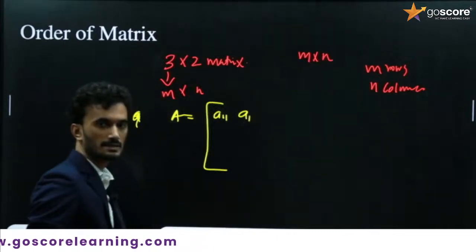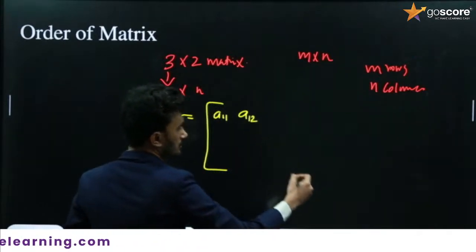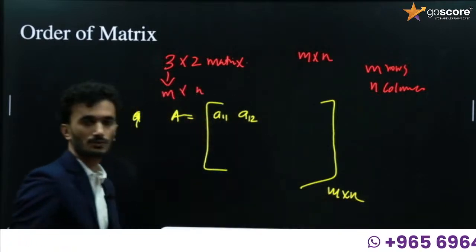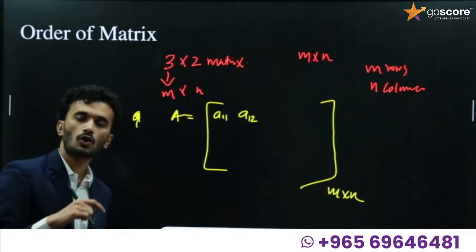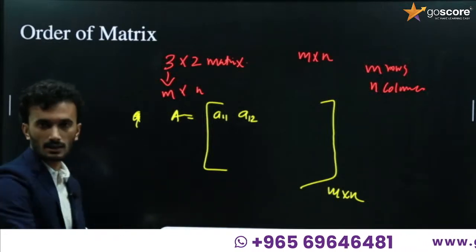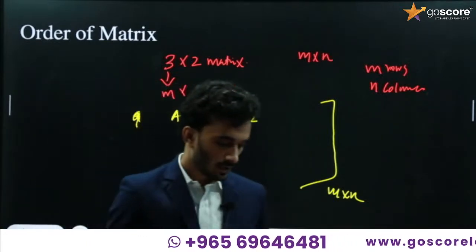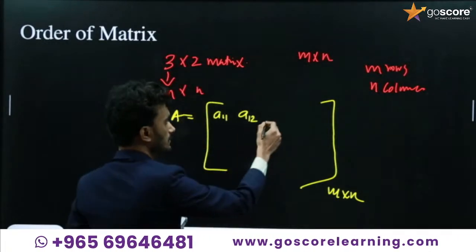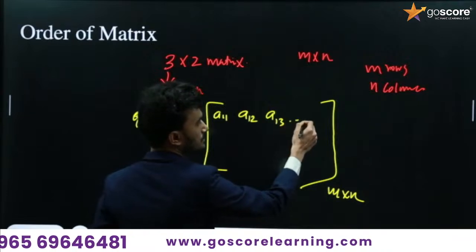Next one is A12. This is an m by n matrix, so there are m rows and n columns. These are the elements in this matrix. Next one, A13, up to the last one.